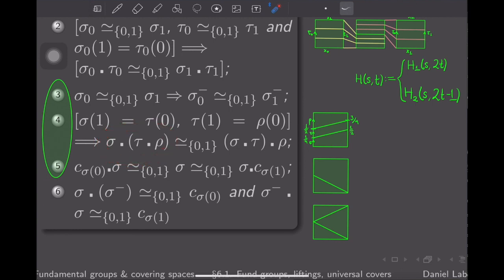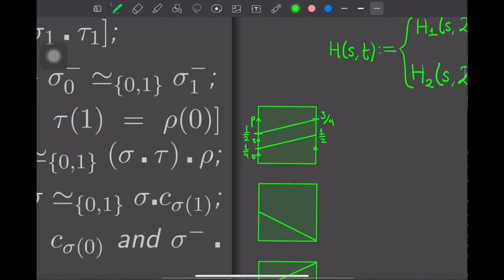On the other hand, here, this one is the concatenation of two things, namely sigma and this thing. And this thing is in turn the concatenation of two things, namely tau and rho. And so here one wants this to parameterize sigma, this to parameterize tau, and this to parameterize rho.